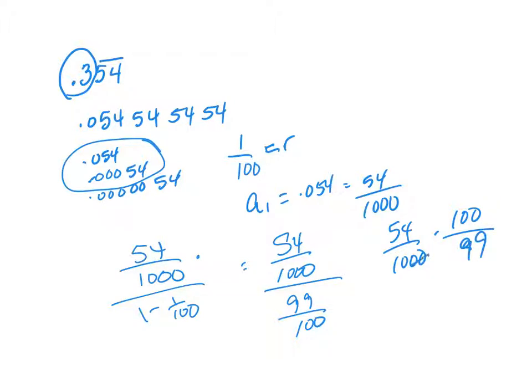And here only 2 zeros go away. So we have 54 upstairs and 990 downstairs.